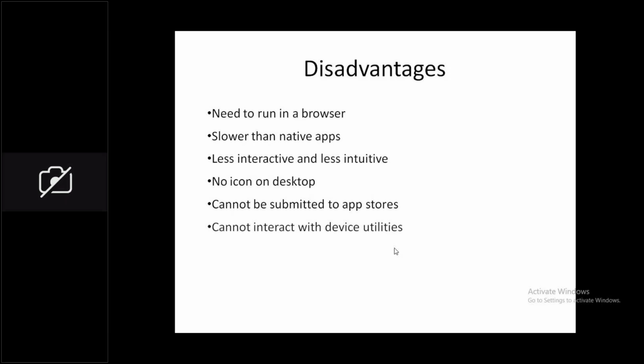But that is not possible with a web application, guys. Your web application cannot interact with your device utilities. Understood? So these are some of the disadvantages of a web application or a mobile website.